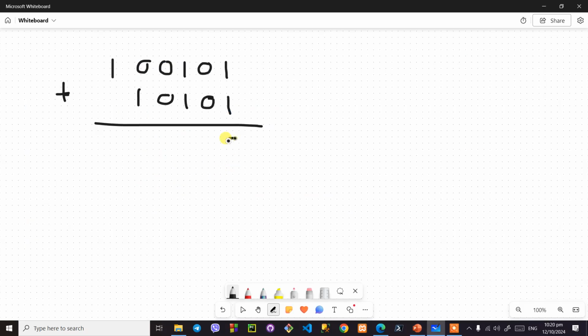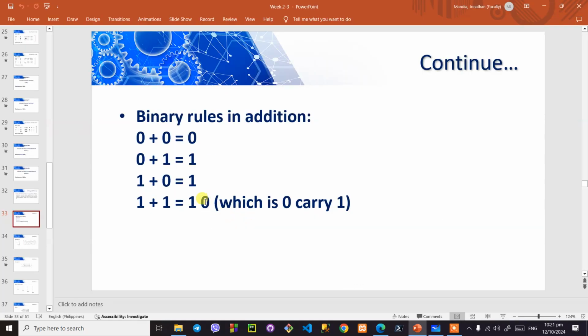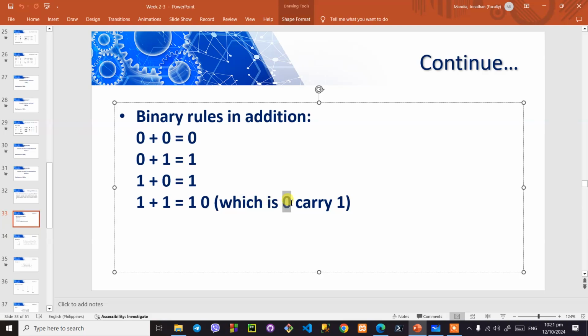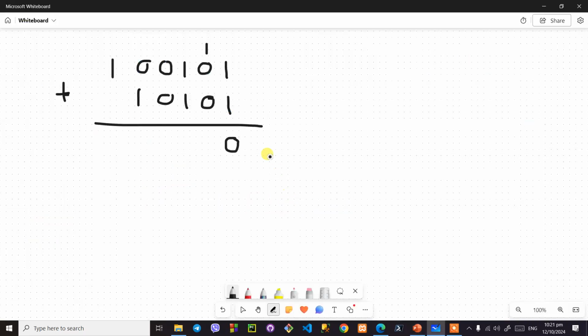Bring down 0. Carry 1. Then you bring down 0, which is 0, and carry the 1. So, since there is no 1 to be found, automatically you bring down 1.